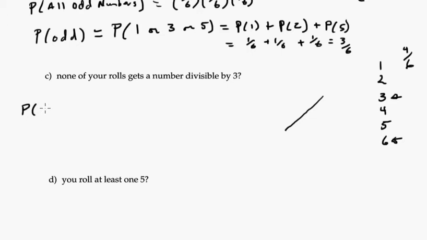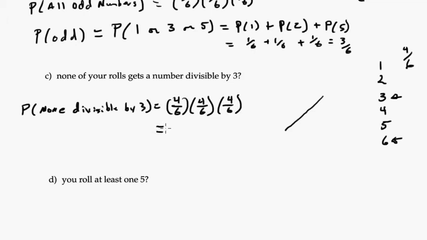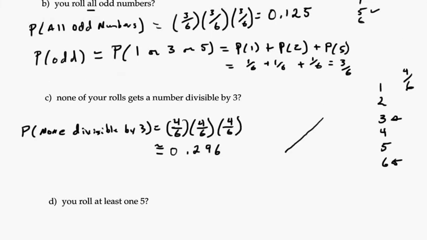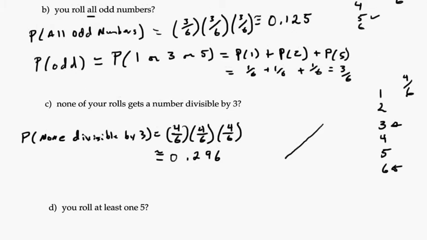The probability of none divisible by 3 is 4/6 times 4/6 times 4/6, which comes out to approximately 0.296. On some of these I rounded, so I'm going to say approximately.